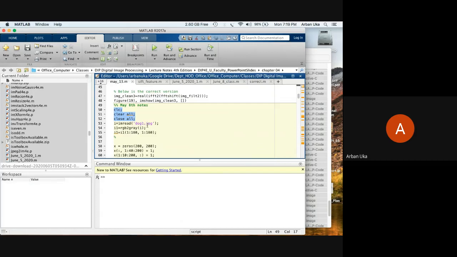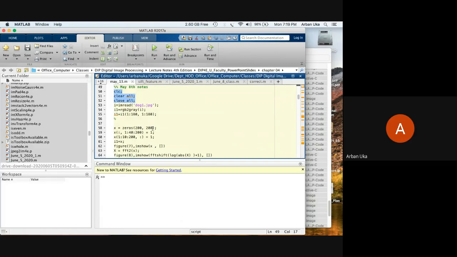Okay, we'll clear everything. In fact, let's try to see what this is. We can construct a matrix which is full of zeros.